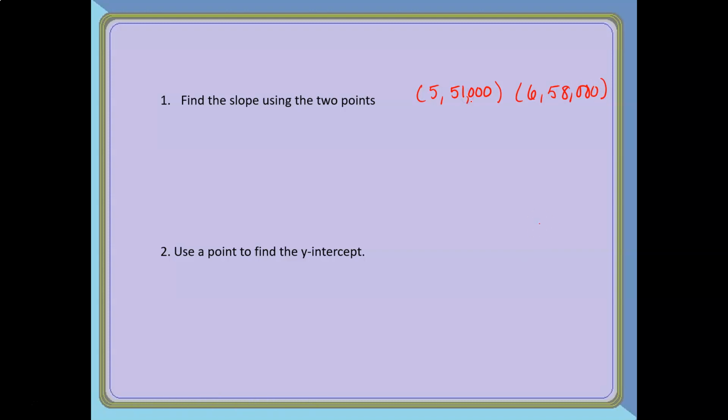Okay, so we're going to use that wine glass formula to find the slope first. So I'm going to take 58,000 and subtract 51,000 over 6 minus 5, which gives me 7,000 over 1. So my slope is 7,000.